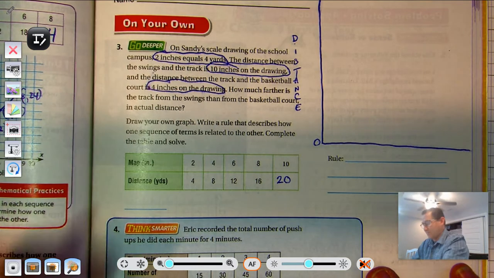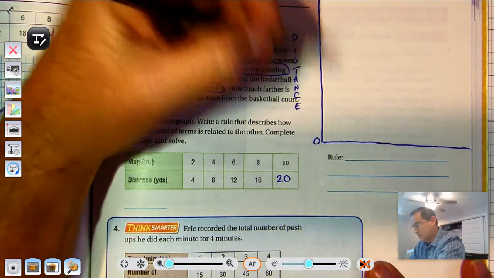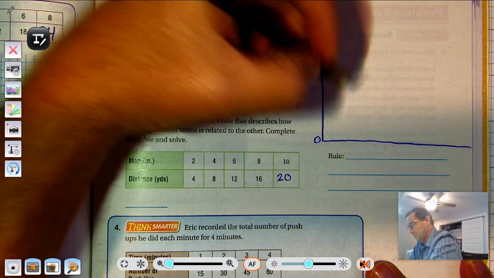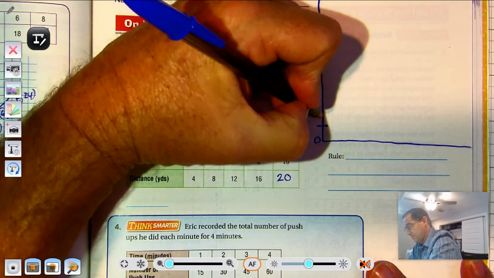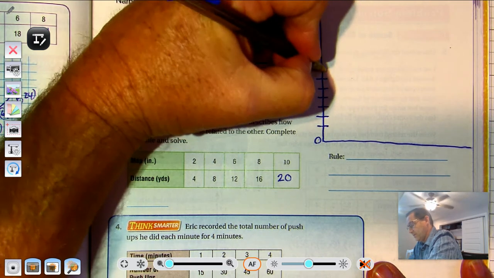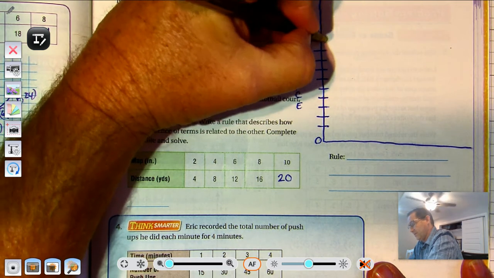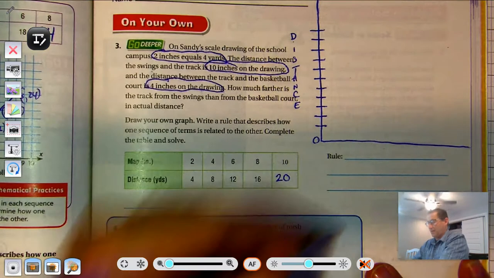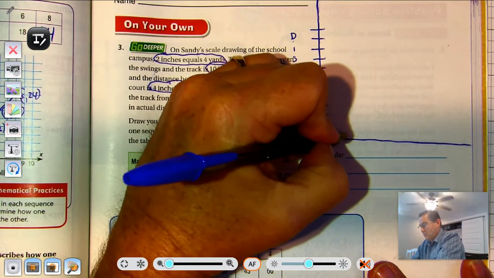So if I have 10 inches, that's going to be 20 yards. So we have a distance, we'll use count by 2s up to 22. So 2, 4, 6, 8, 10, 12, 14, 16, 18, 20, 22. All right, and we'll count these as just ones.